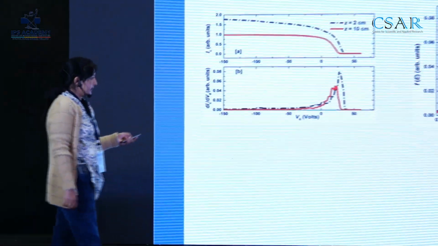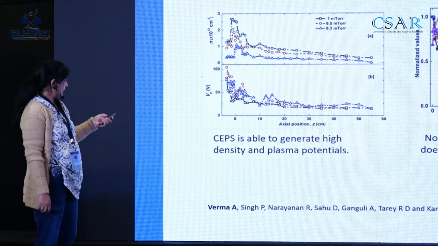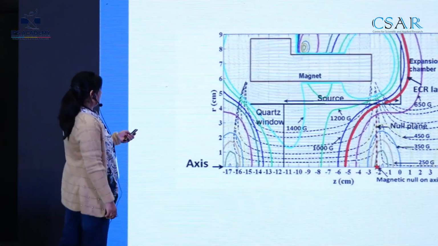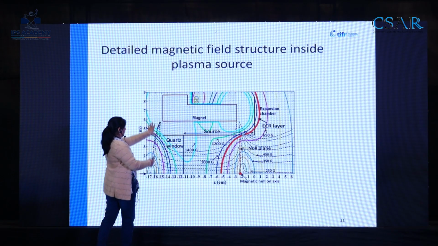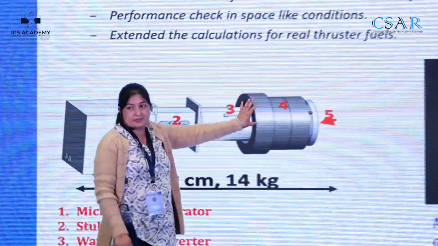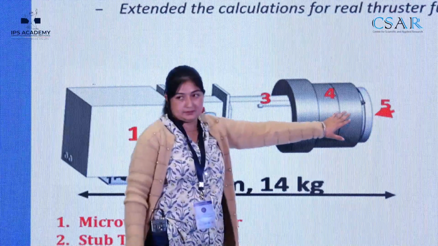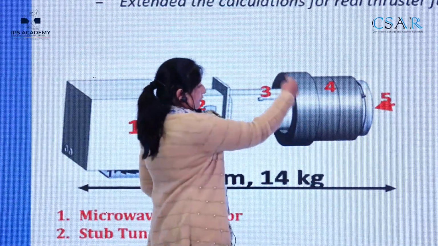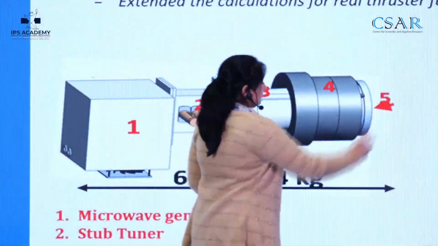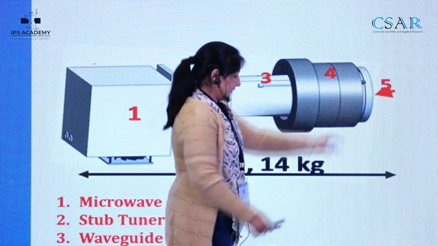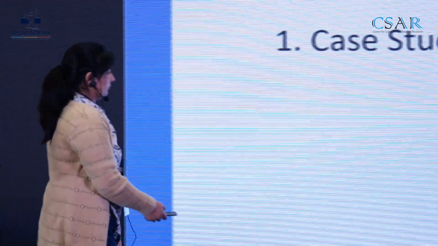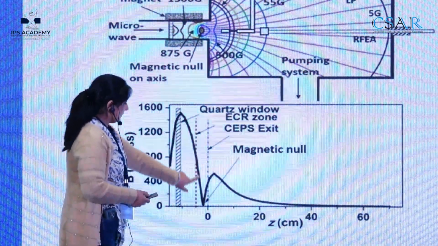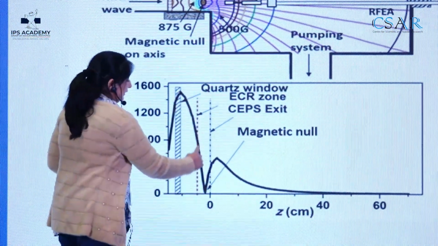So actually what is happening there, the role of the magnets is very important. We have the magnets, and you see that the outer magnet has more strength than these 2 magnets. So the magnetic field profile is that the field is decreasing this way. And this is the ECR zone in this forward gradient.